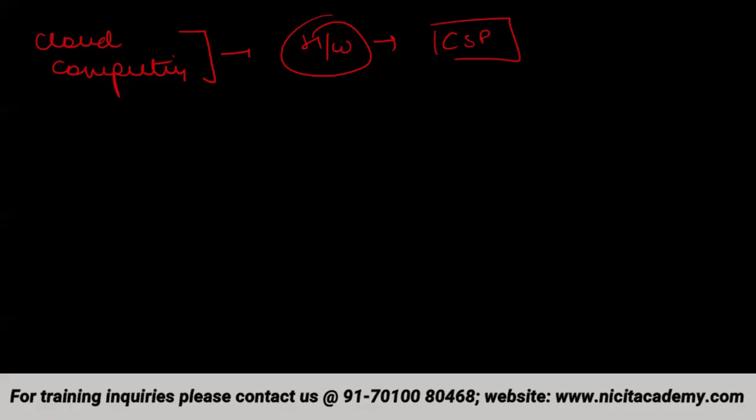If it's AWS, Amazon will take care of it. If it's GCP, Google will take care of it. The hardware will always be taken care of by the cloud service provider itself. The data center also will be managed by the cloud service provider. Everything within the data center will be managed by the cloud service provider themselves. So the moment we start talking about public cloud, one thing is very clear: hardware is taken care of by the cloud service provider itself.